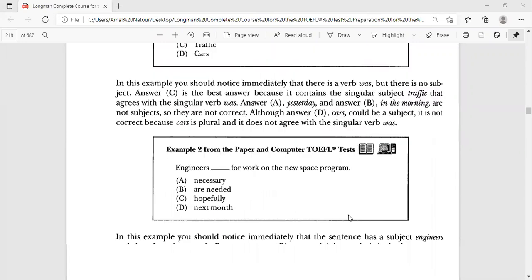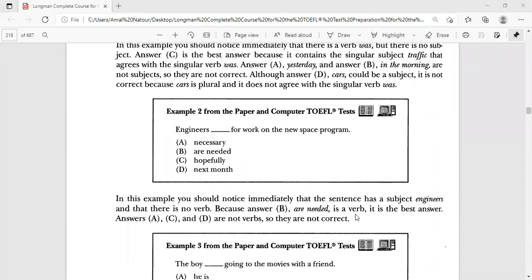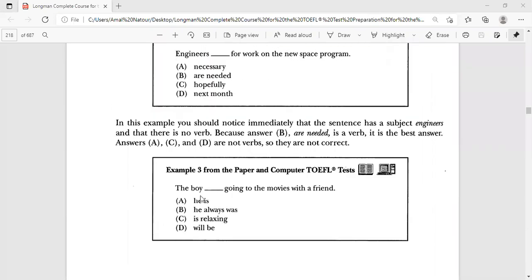But let's see the third example here. It says: the boy going to the movie with a friend. The boy, this is the subject. And here there is something missing.